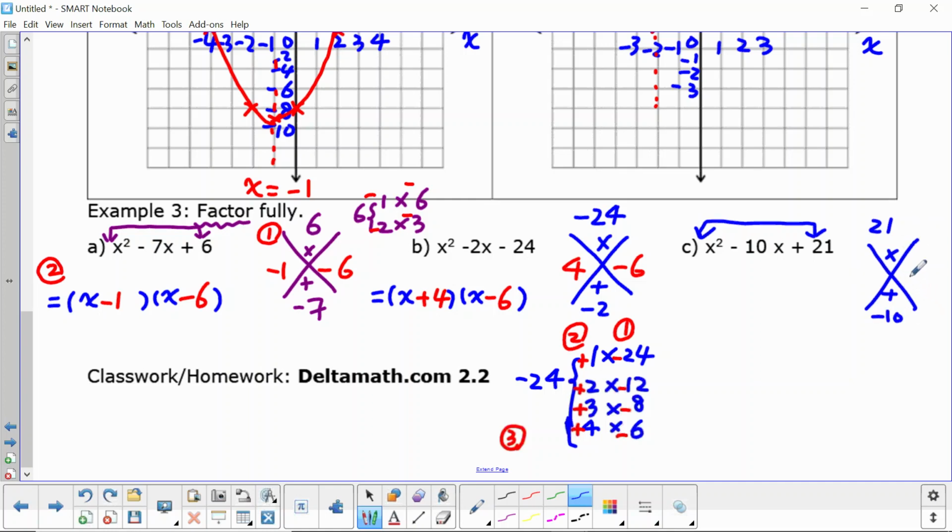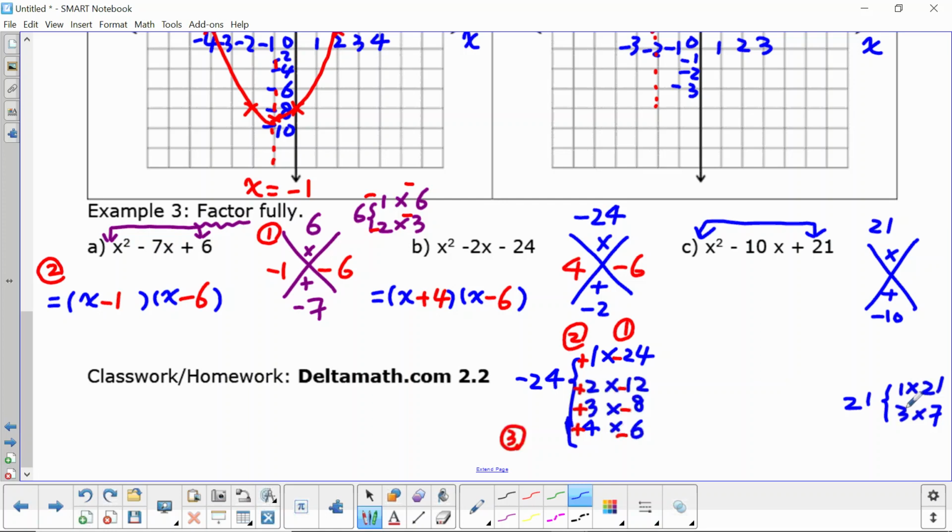So the product is 21. 21 divided by 1 gives you 21. 21 divided by 2 doesn't work, not divisible. 21 divided by 3. So you just keep trying 1, 2, 3, 4, 5, 6, 7, to find all the different factor pairs that are not repeating.